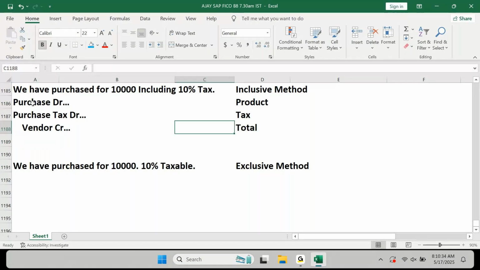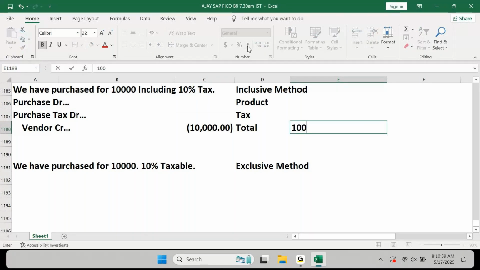Now I will put 10,000 here. I'm writing 10,000 here. This is a credit. Now I need to make sure my purchase account is also given. Here my total value, shall I take 100% every time?